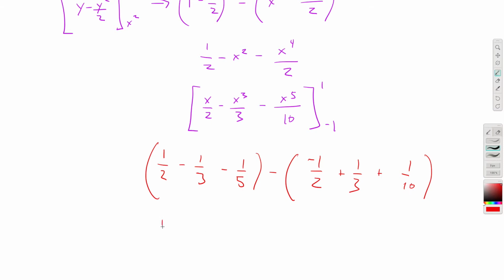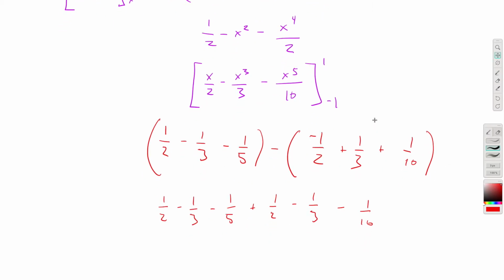And then you get a half minus 1 on 3 minus 1 on 5 plus, I think you screwed it up again, a half minus 1 on 3 minus 1 on 10. What? I think you screwed it up.